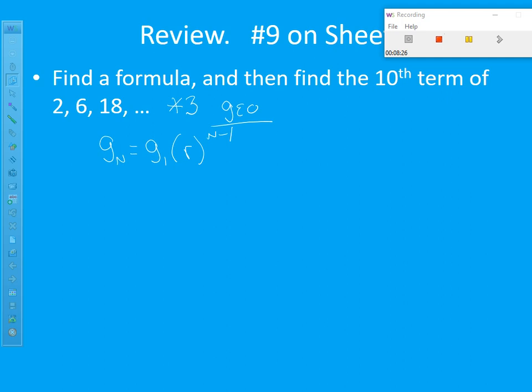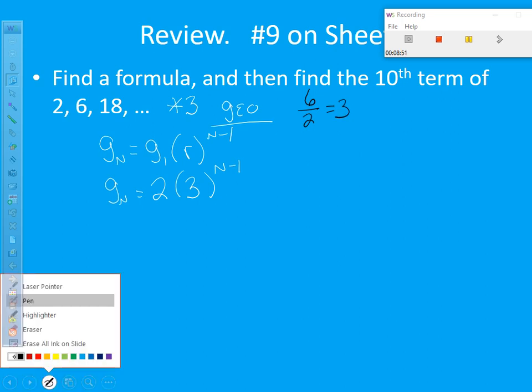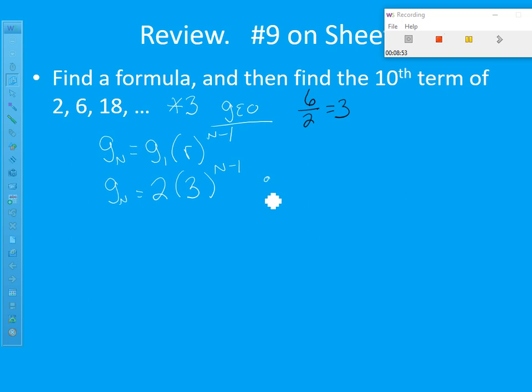I like it when geometric shows up, because all you need to do is plug in your g sub 1, which happens to be 2, plug in your r value, which happens to be 3, and then place your n minus 1. Remember, if you ever can't look at it and get your r value, take your second term divided by your first term, and that'll give you your r value every time. So there's the first piece of it.